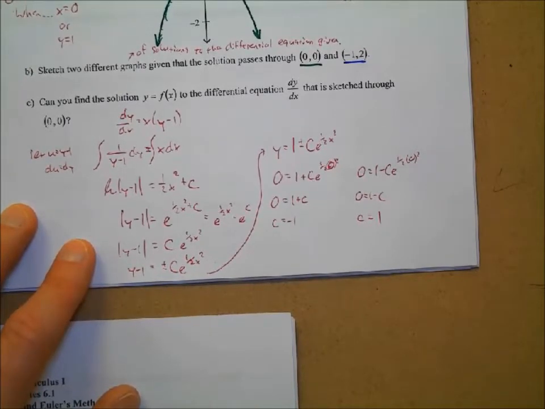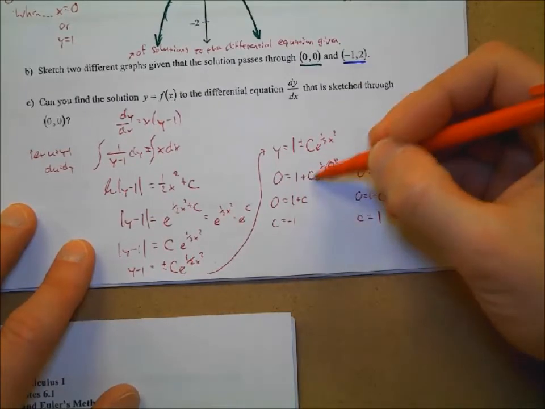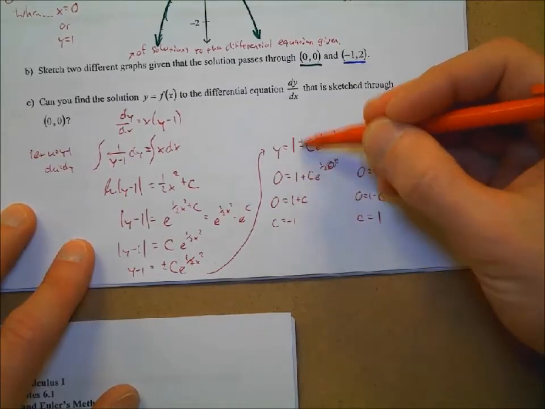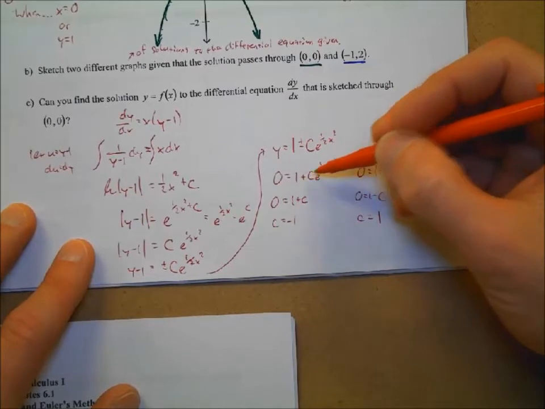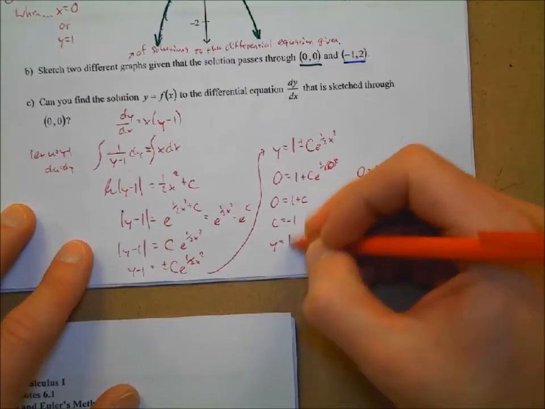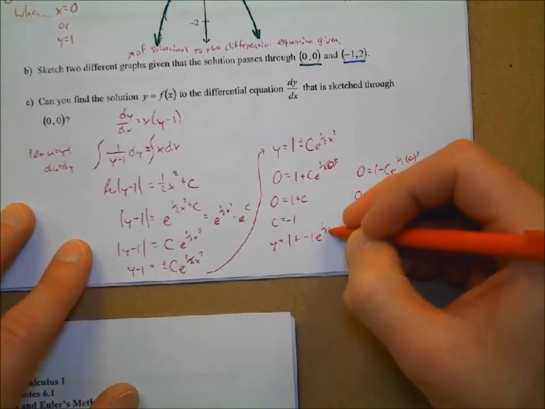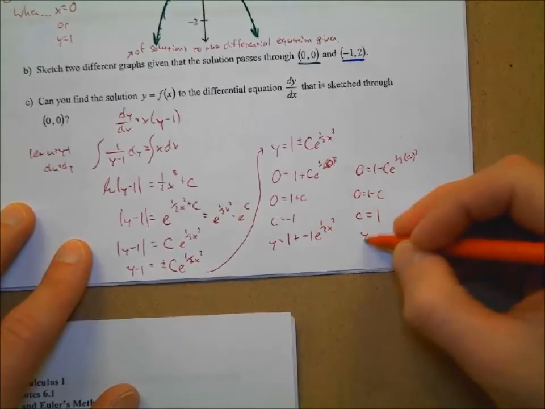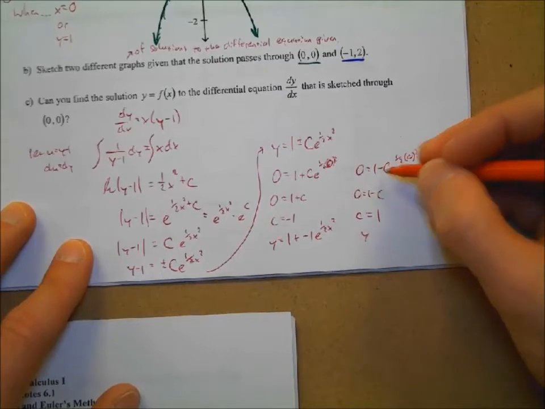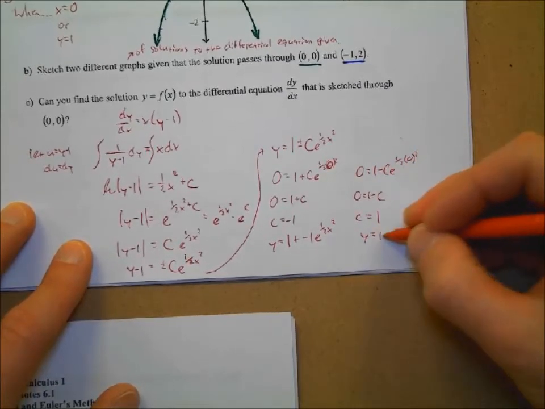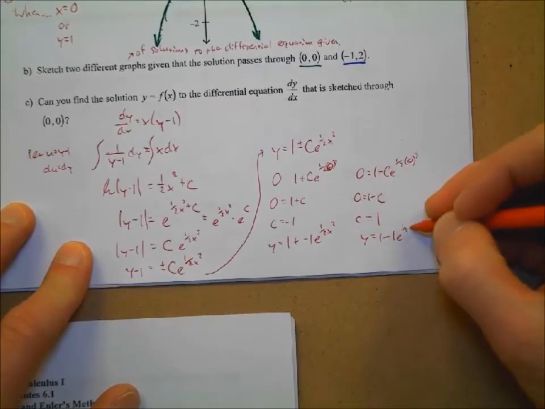When I check these back in, remember that I got this c value from doing the plus, since I had plus or minus c. So this one is y equals 1 plus negative 1 e to the 1/2 x squared. Whereas this one, I got the c value from the minus c, so y equals 1 minus 1 e to the 1/2 x squared.